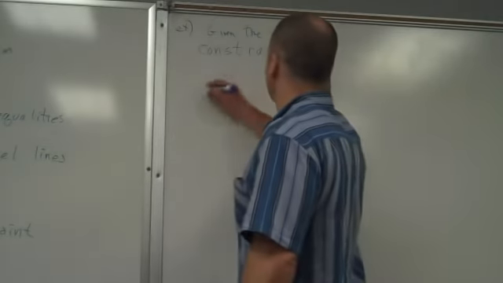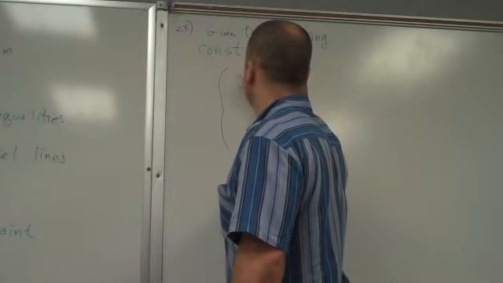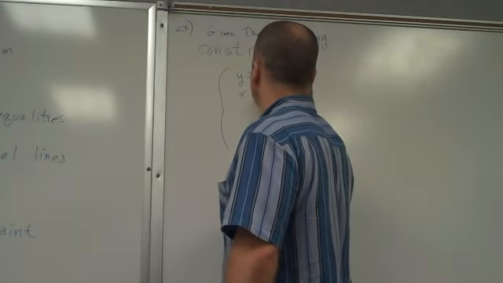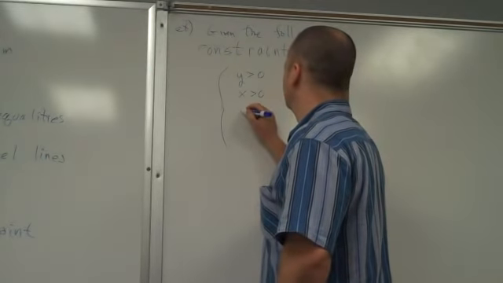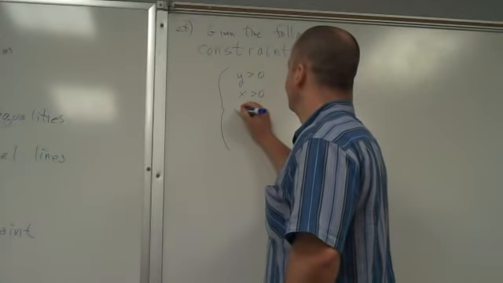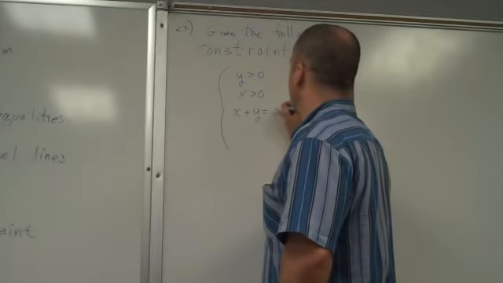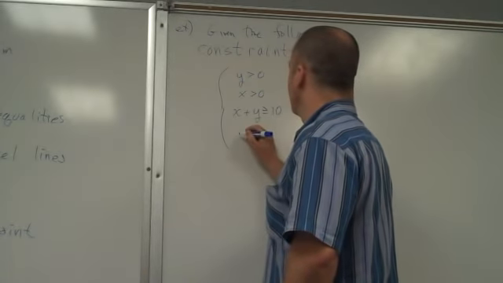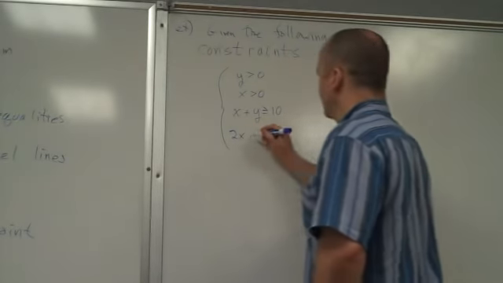and these constraints are going to be a system of linear inequalities. They're going to be y is greater than 0, x is greater than 0. Let's see. x plus y is less than or equal to 10. 2x, hang on, give me a second on this one.